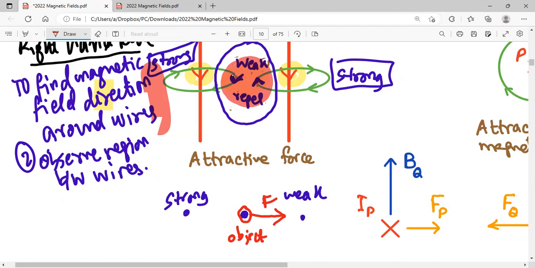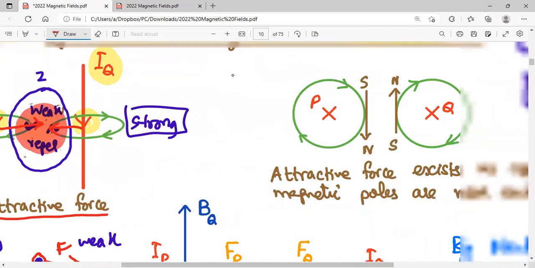The same thing will be happening here. The stronger region around the wires is pushing the wires, because the wire is the object for the magnetic field. So the stronger region is pushing the wire towards the weaker. So the end result is the strong region pushes the wire inward, the strong region pushes the wire inward. It means that an attractive force exists and both the wires start attracting each other.